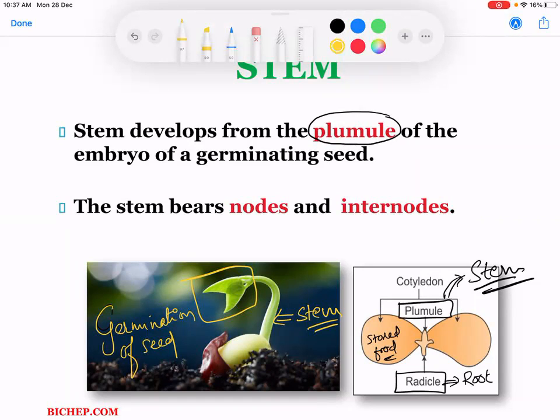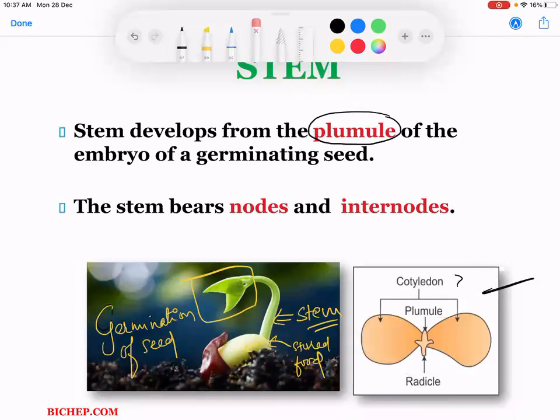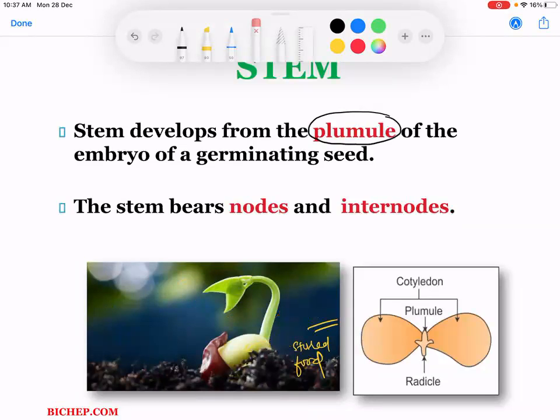So this is the cotyledons' stored food, right? That's the structure demonstrating the process of germination of the seed. So it is growing from the plumule of the embryo of the germinating seed.